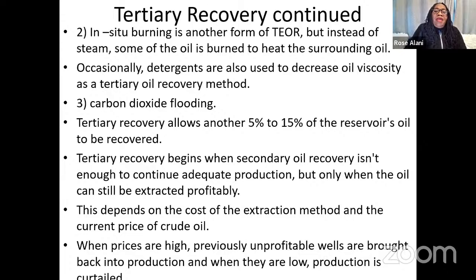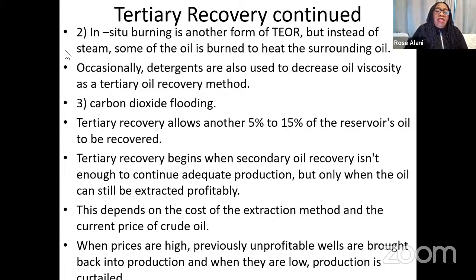Another method under tertiary recovery is in situ burning. Instead of steam, some of the oil itself is burnt to heat the surrounding oil. Occasionally, detergents are also used to decrease oil viscosity.